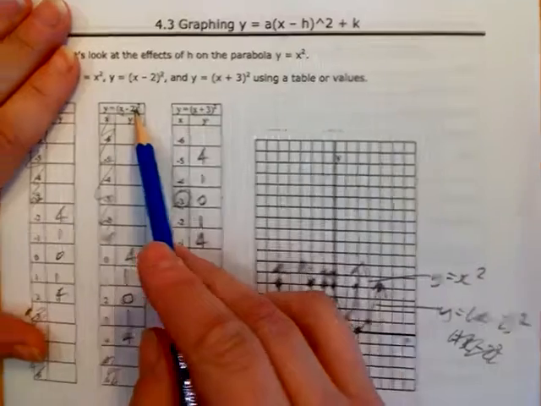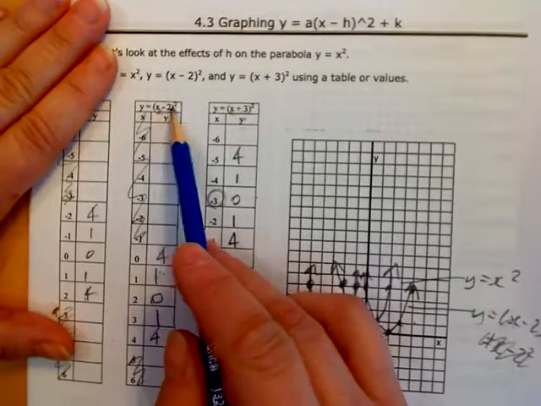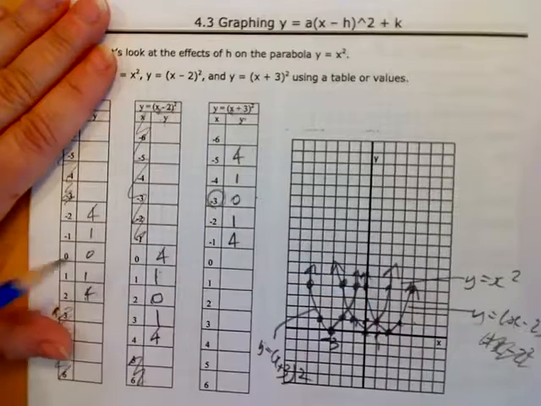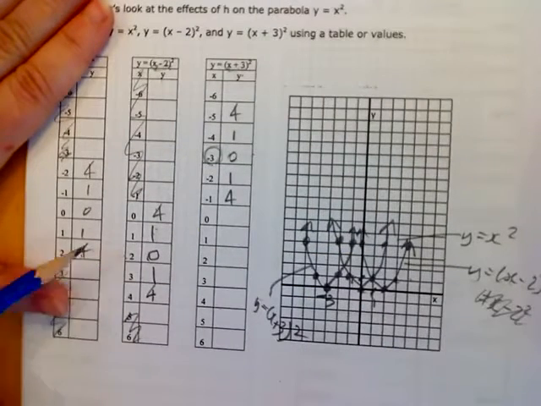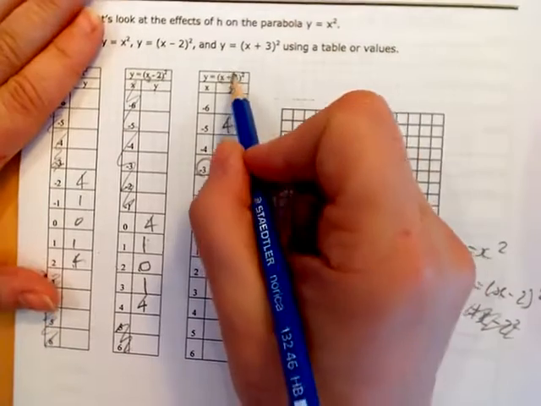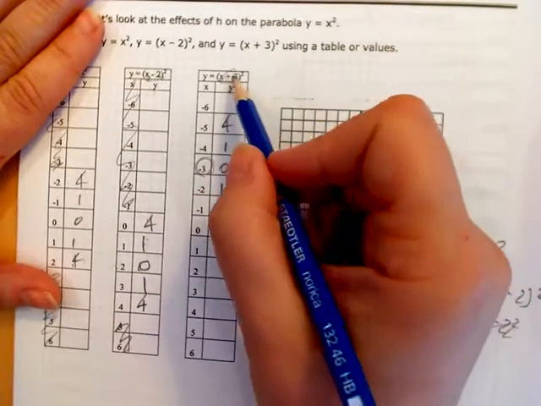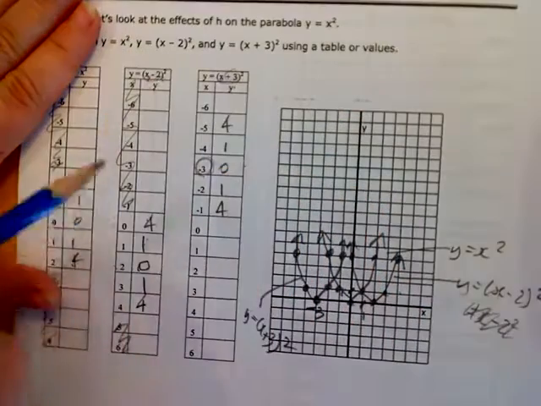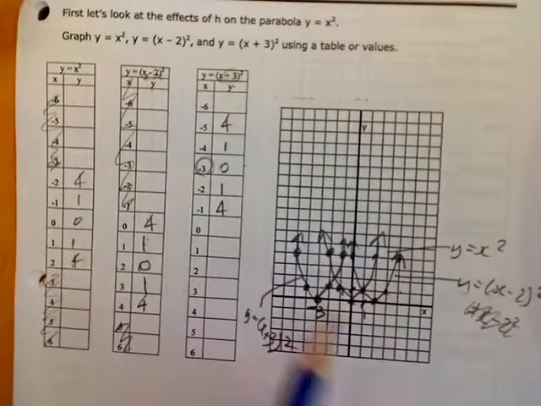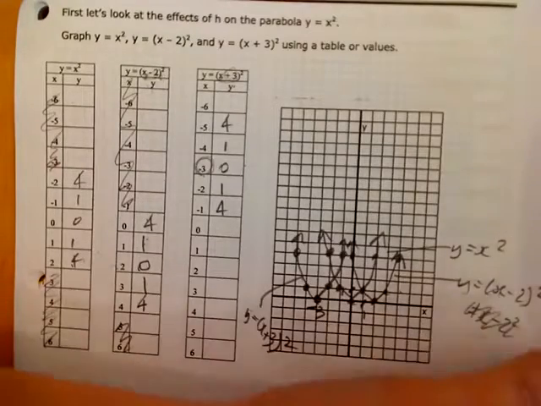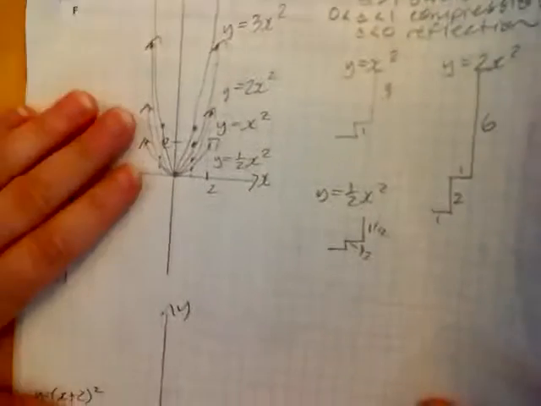Here, 2 makes this 0, so I'm going to move it 2 that way, positive. Another way of looking at it is whatever this says, do the opposite. So if it says +3, go 3 that way. If it says -2, go 2 in the positive direction. Okay? So let's try a couple of those here.